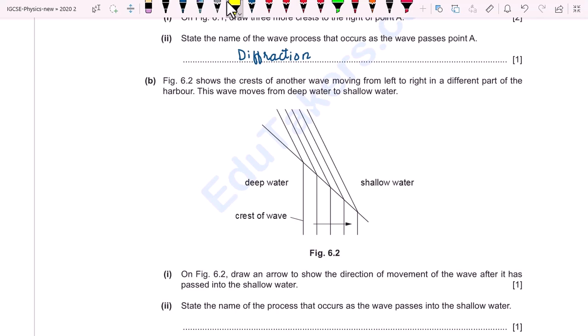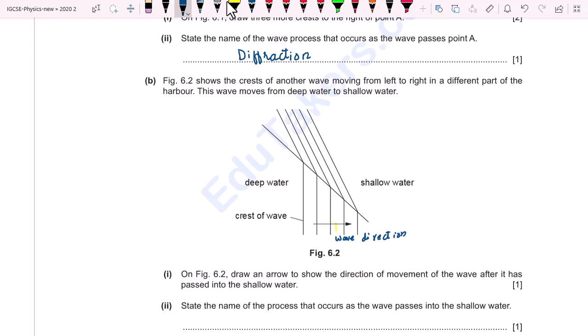On figure 6.2, draw an arrow to show the direction of movement of the wave after it has passed into the shallow water. This is the direction of the wave, and these are the crests. So this is the deep water.